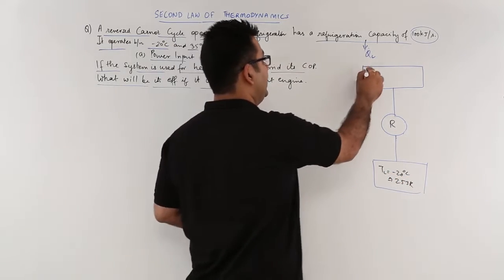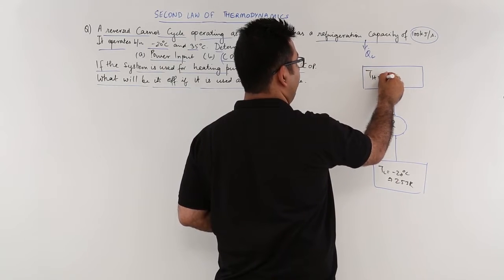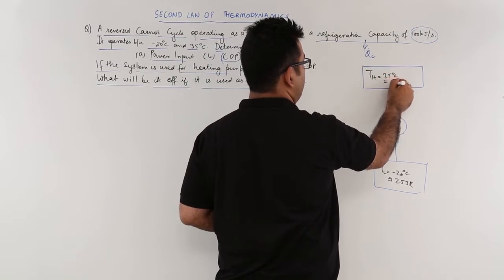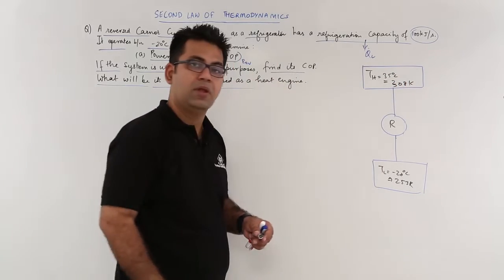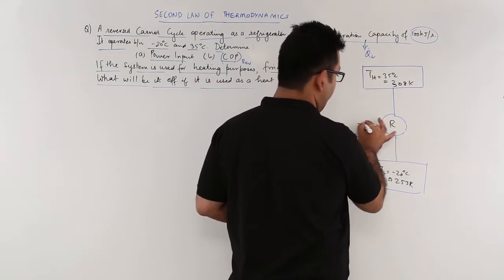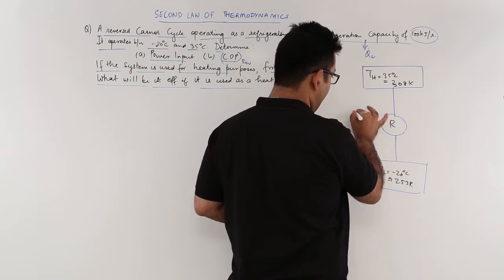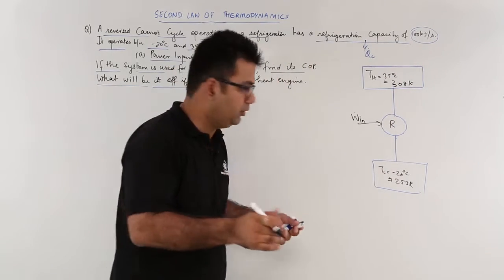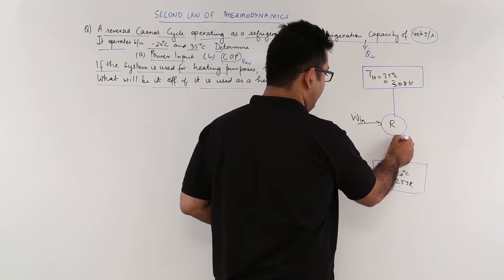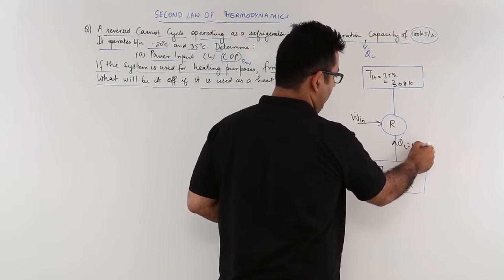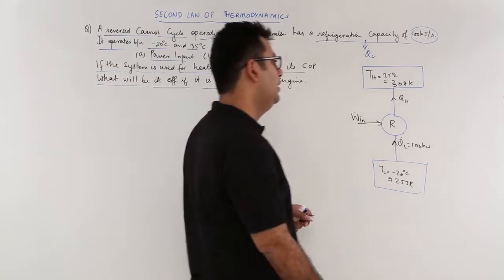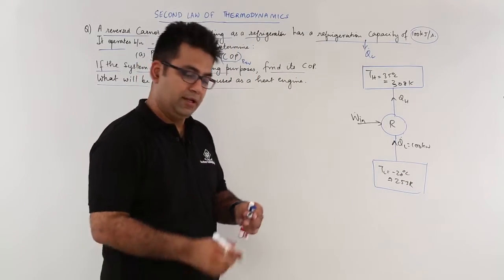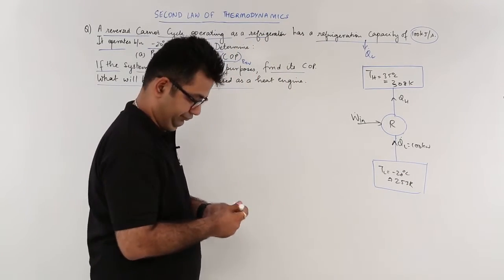And the high temperature source is at 35 degrees Celsius, which is 308 Kelvin. Now it will have some work input, and the rate of work input becomes the power input. The refrigeration capacity is 100 kilowatts, and it will have some heat rejection to the high temperature source as well.